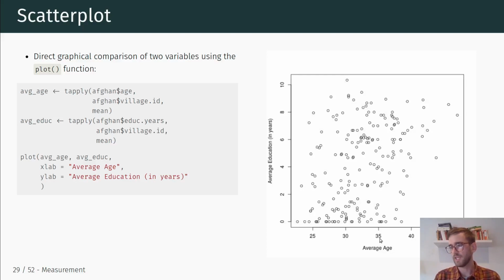We have average age on the x-axis ranging from around 18 to 47, and then average education in years ranging from 0 to 11 years. And we see a positive relationship. If the average age tends to be higher in a given village, the average education level in years tends to be higher as well.